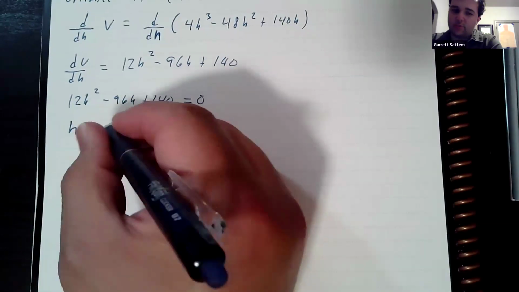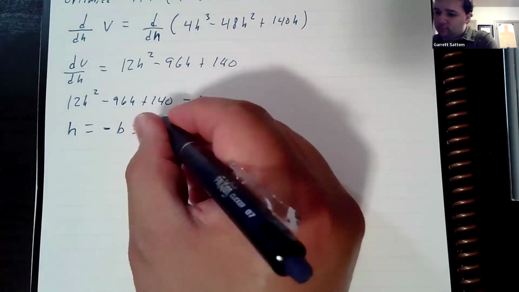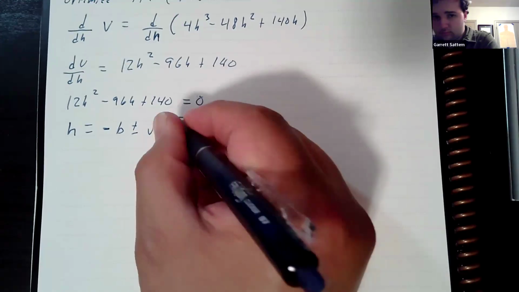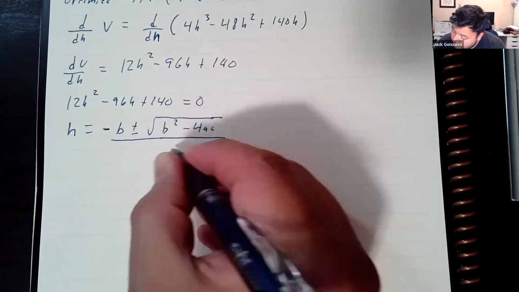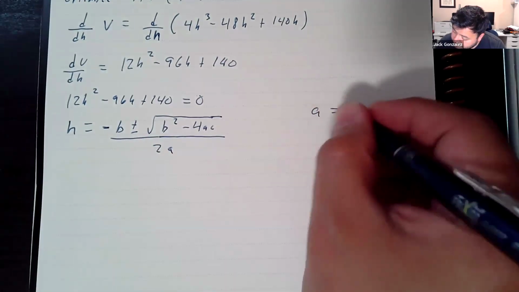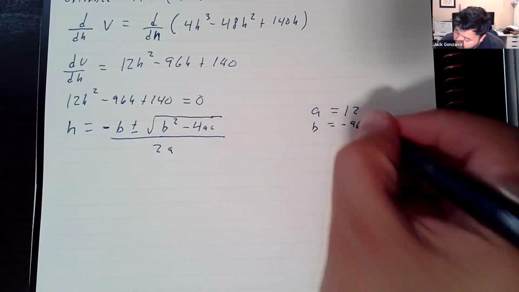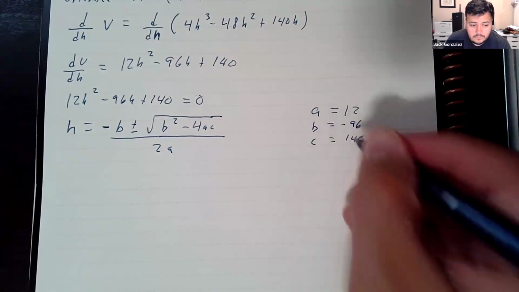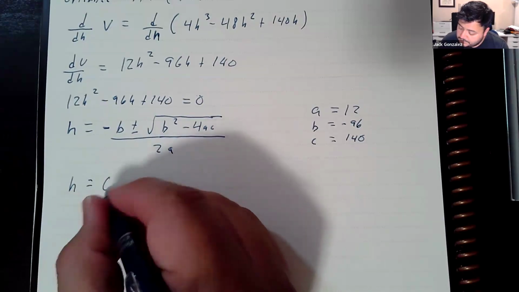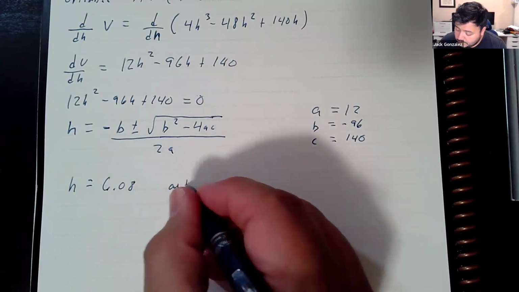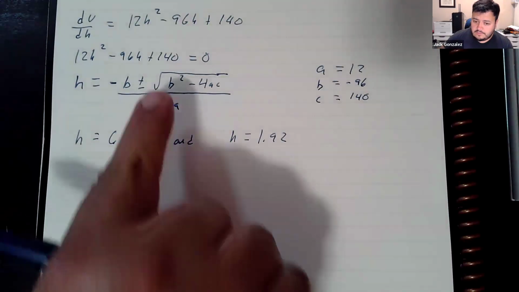I'll write it out just in case you forgot, but I'm going to skip to the answer part. Basically, you plug in the a, b, c. That gives us two heights once you plug it in: h equal to 6.08 and h equal to 1.92. Just plug it in, you'll get these two.